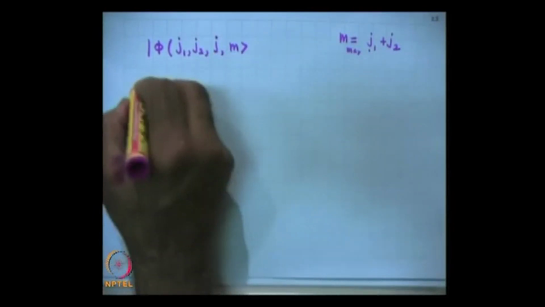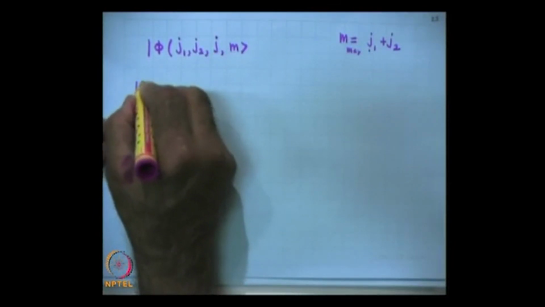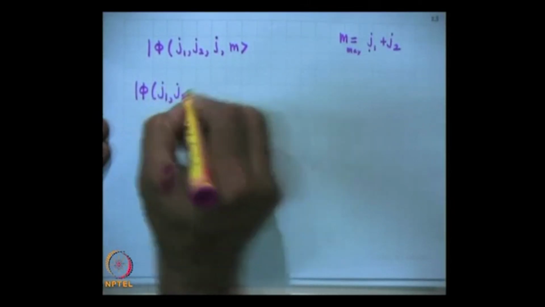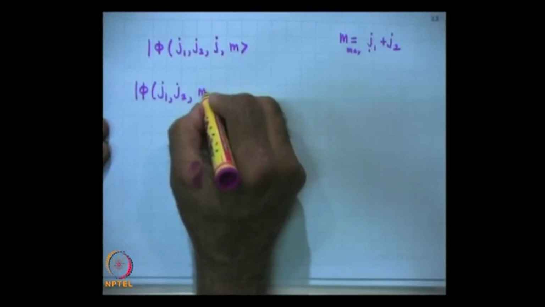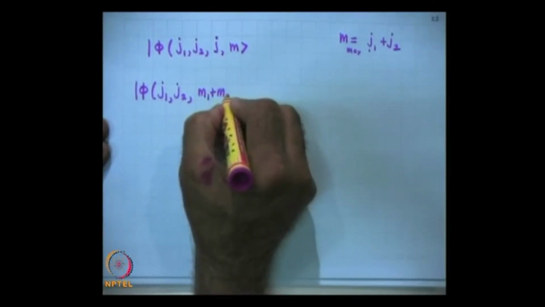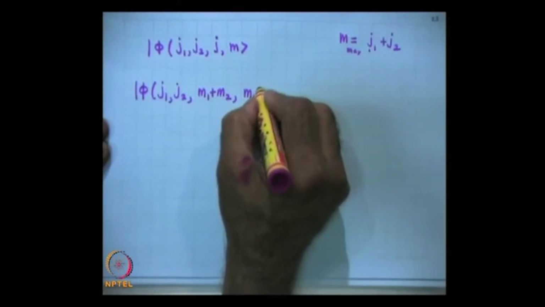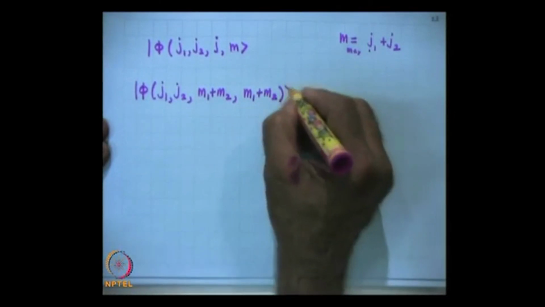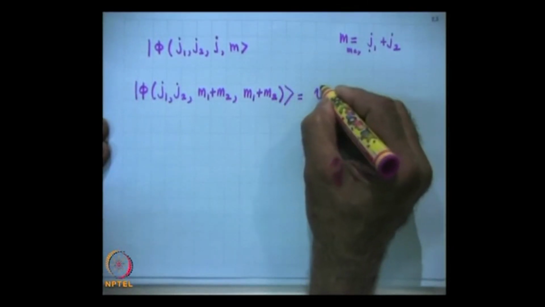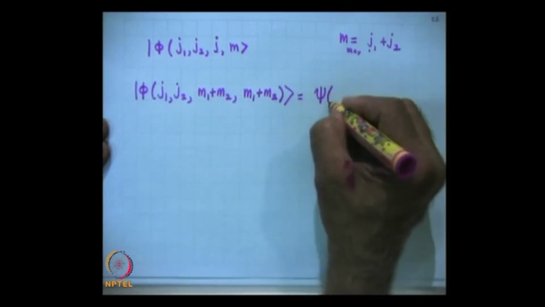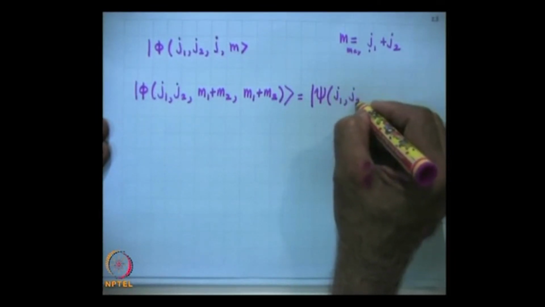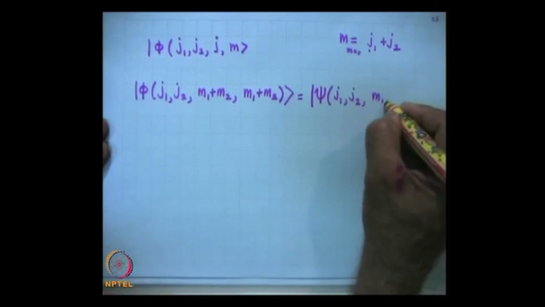So the maximum value of J is also J1 plus J2. So, therefore, phi J1 comma J2, now understand this, M1 plus M2 comma M1 plus M2, this will be equal to psi of J1 J2 then M1 M2.